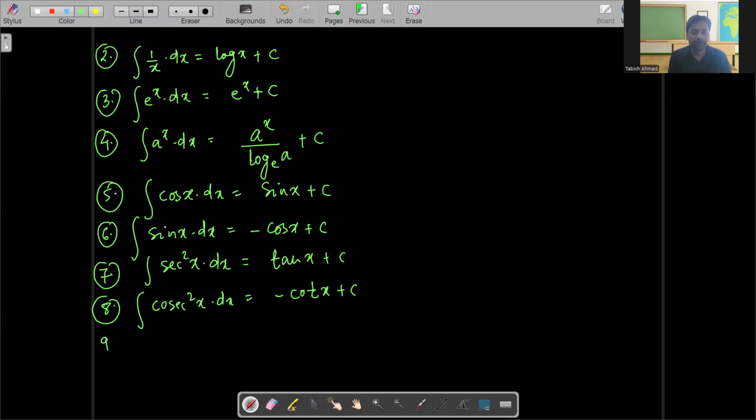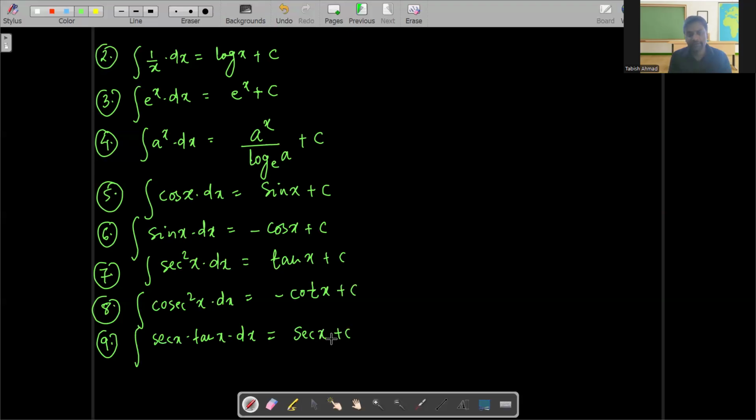So the ninth one will be the integration of sec x tan x dx. You tell me, sec x tan x is the differentiation of what? Okay, that is correct, that is of sec x. So the integration of sec x tan x will be sec x.